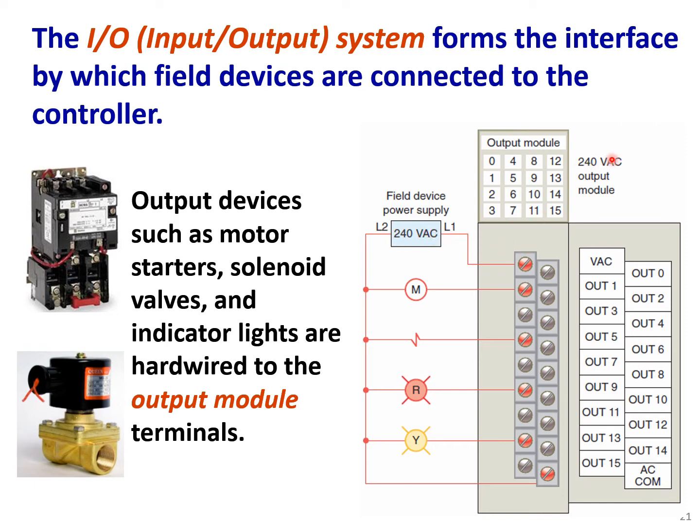And the output module here is also 240 volt AC, so that should match with the field devices. Output devices such as motor starters, solenoid valves, and indicator lights or pilot lights are hardwired to the output module terminals.